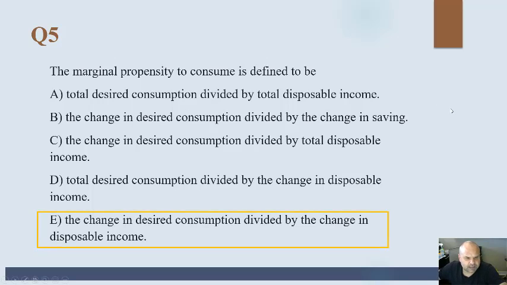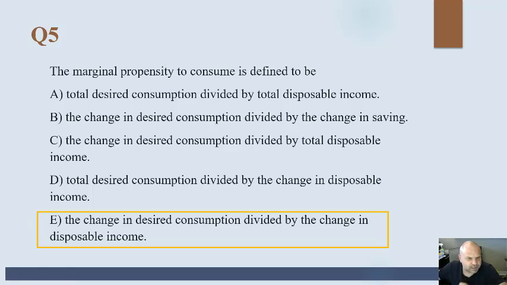In this case, the answer is E. It's the change in desired consumption divided by the change in disposable income. So remember, the marginal propensity to consume is the slope of the consumption function. The marginal propensity to expend is the slope of the aggregate expenditures function.